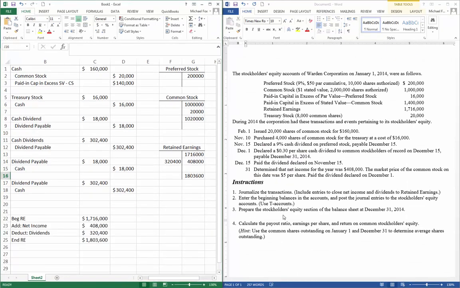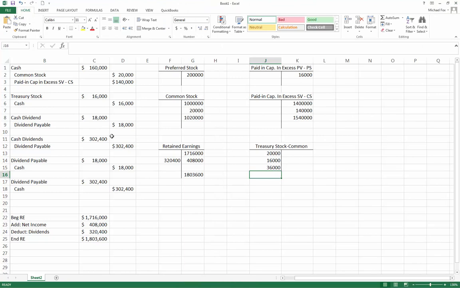All right, 3 says prepare the stockholders' equity section of the balance sheet. So this will be just like we did in number 1. So again, we'll go ahead and make that bigger so we can see it. And I'll just do it right here. This is the Warden Corporation. This is a partial balance sheet.